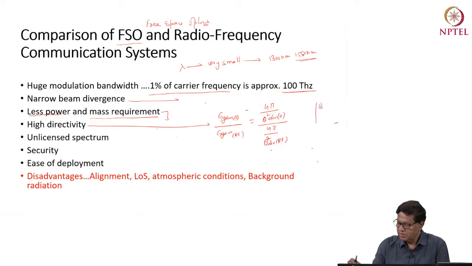because we know theta divergence is lambda by dt. So the gain is defined by this, and if I take an example, for example, I use dt, that is a transmit aperture, as say 10 centimeter, and again operate at wavelength 1550 nanometer.